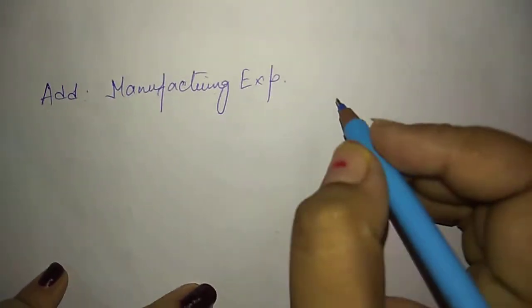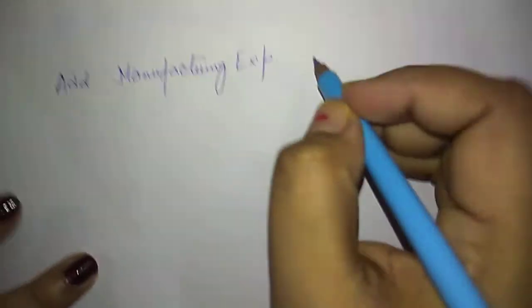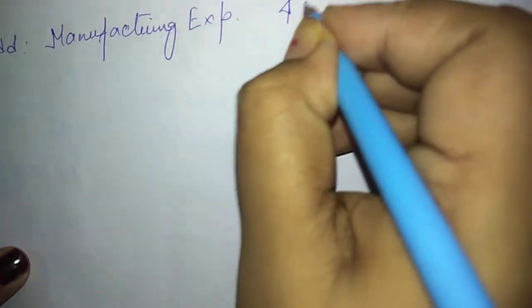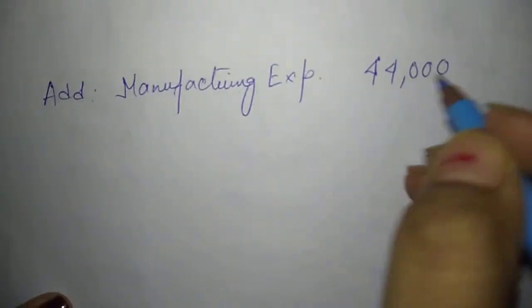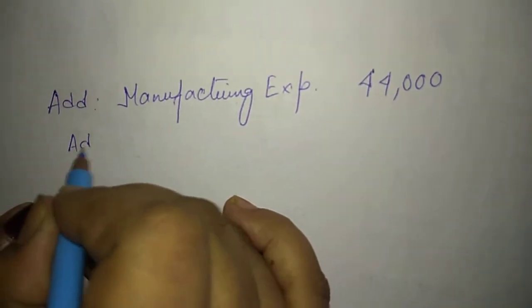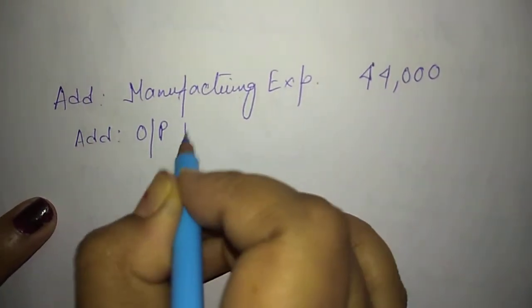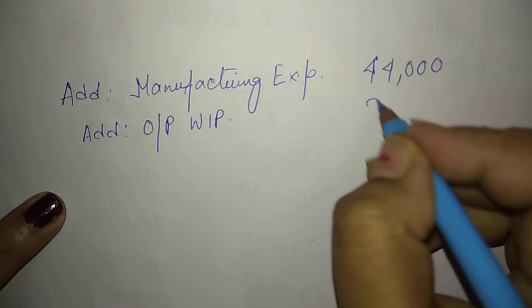Manufacturing expenses, how much? Manufacturing expenses 44,000. With that we'll add opening WIP 35,000.